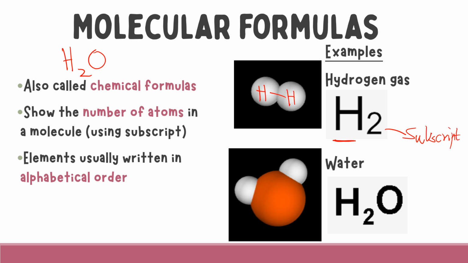And that shows us that there are two atoms of hydrogen in a molecule. Of course, if you have a whole container of hydrogen gas, you have trillions of molecules. But we're only looking at one molecule when we write the formula.